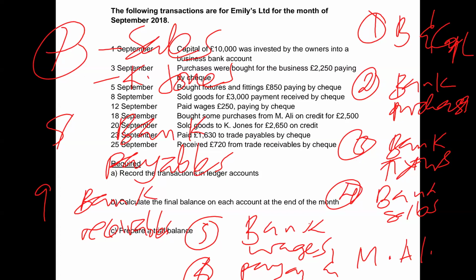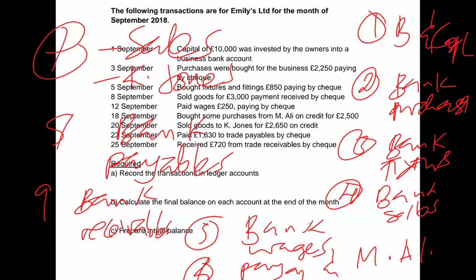I think that was the only purchase account, sir. No, we're going to the 18th September. Yeah, but for that we decided it would be purchases and payables. On the 18th, we bought some purchases on credit, since we are buying on credit.